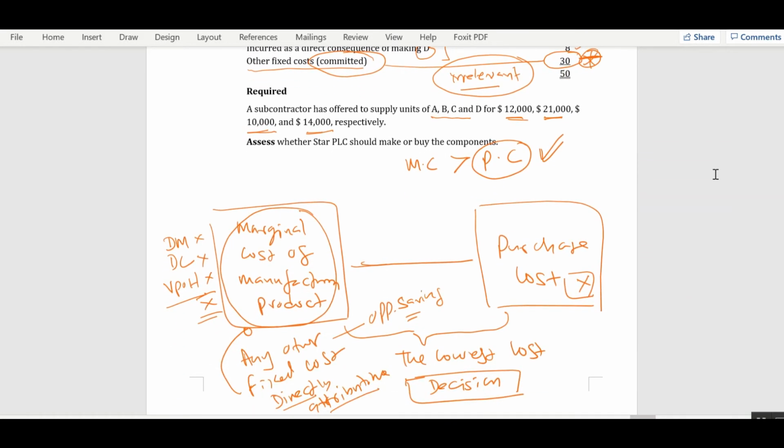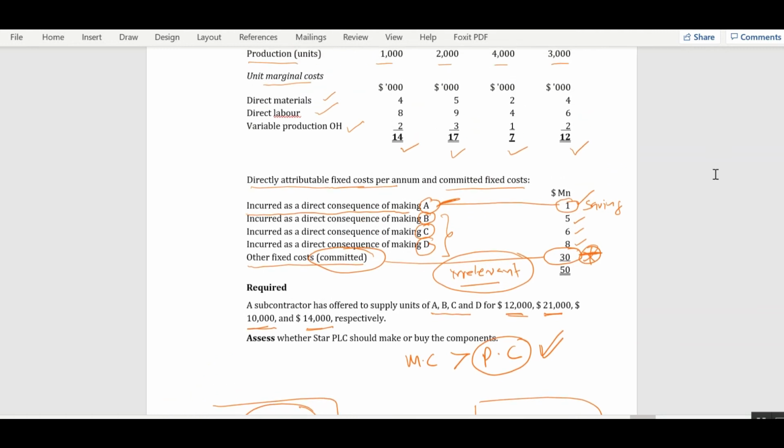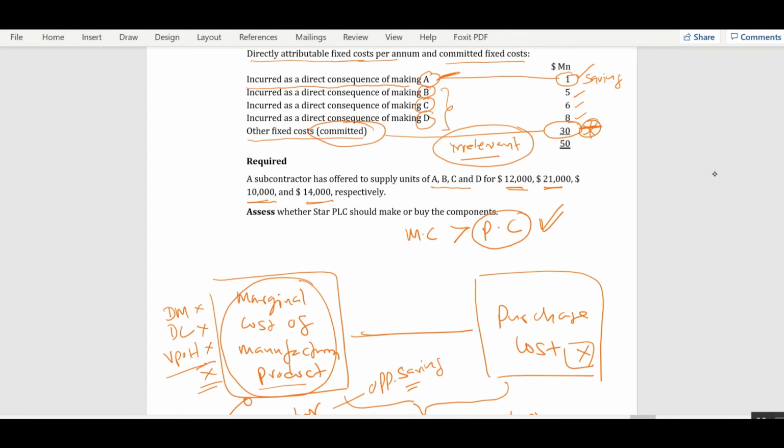You need to compare the marginal cost of manufacturing a product, which is $14,000, $17,000, $7,000 and $12,000, with the purchasing cost of 12,000, 21,000, 10,000 and 14,000.